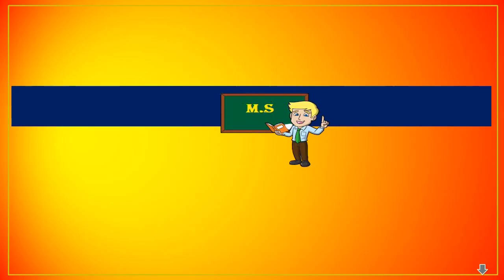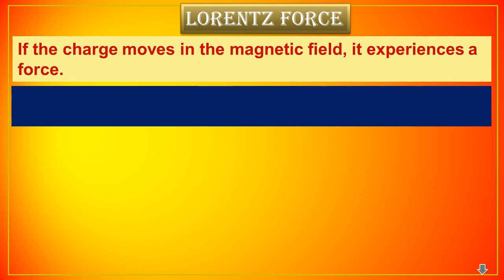Now let's see about the Lorentz force. Students, let us imagine that an electric charge Q is kept at rest in a magnetic field. No force acts on it, is it? Now, if the charge moves in the magnetic field, it experiences a force, that you also know, is it?